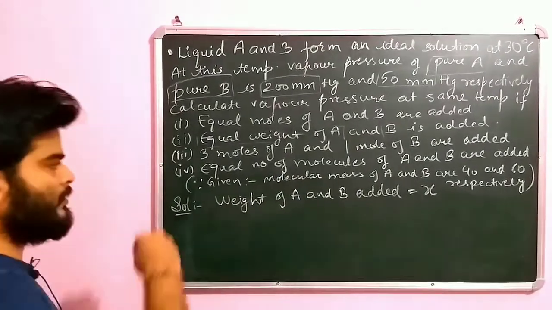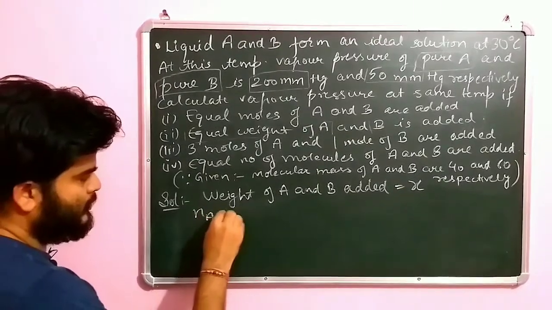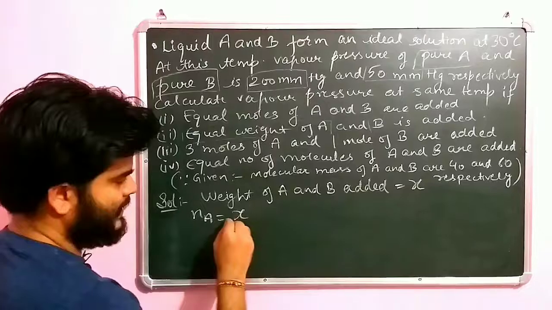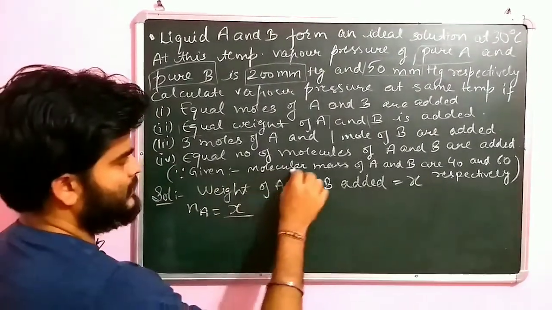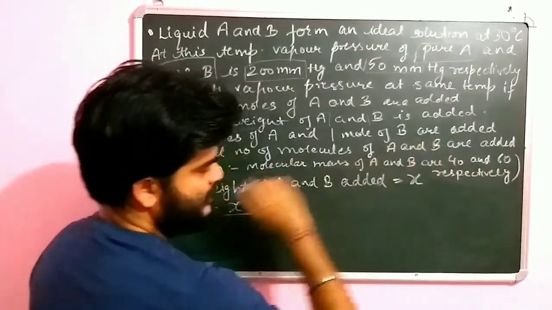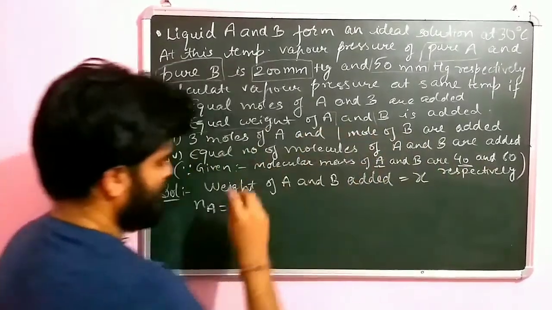Now we have to find out the number of moles. So number of moles of A will be given mass, as we are taking this, upon molecular mass. This was the statement, molecular mass of A and B are this and this respectively. So molecular mass of A is given 40.